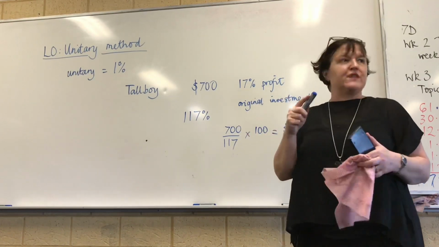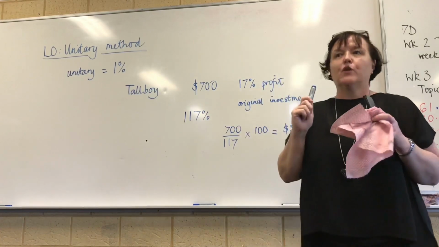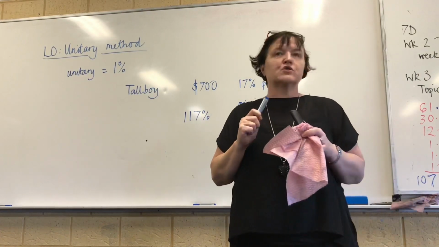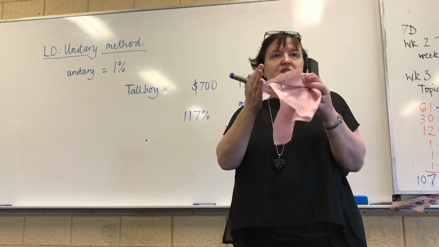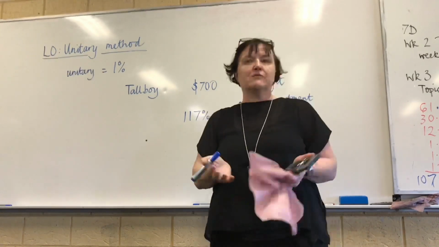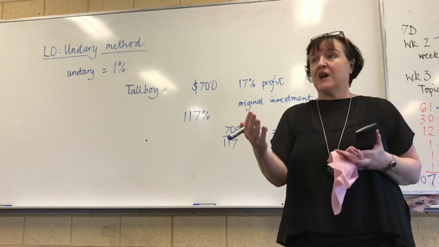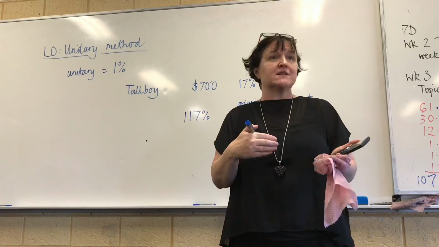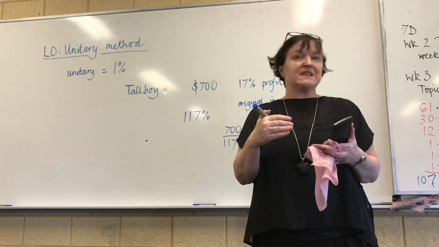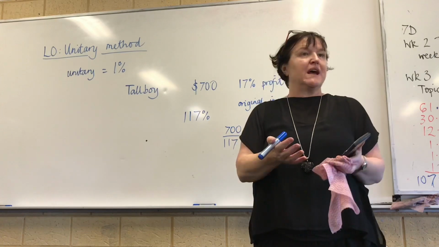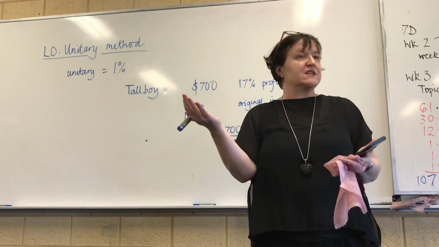Now, this is tricky, because you have to work out whether or not the amount you're given is the original or not. If the amount you are given is the original, and you've got to apply a percentage change to it, you can then add or subtract the percentage. So if you're given an original amount and asked to decrease it by 15%, you can find 85% of it.